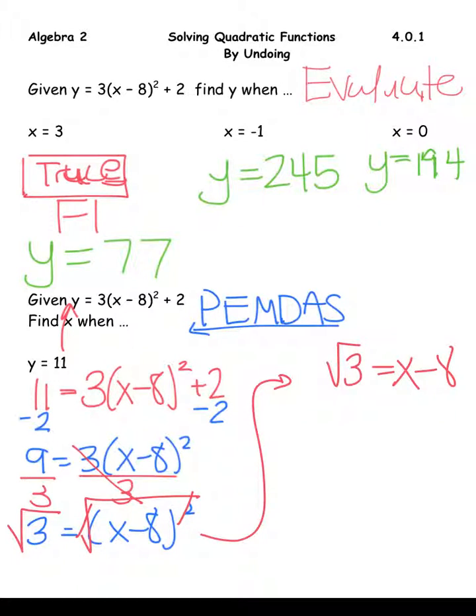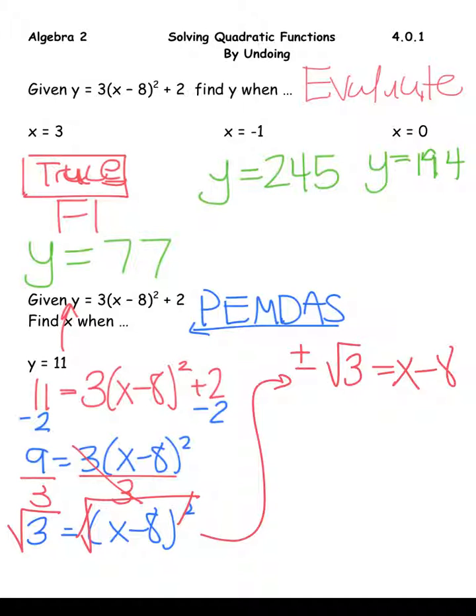Now here is something you may not remember from Algebra 1. The square root of 3 is technically two numbers, because it might be a positive times a positive equals a positive, or it might be a negative times a negative equals a positive. So in front of every square root we create, we're going to put plus and minus. So we remember it's two numbers.